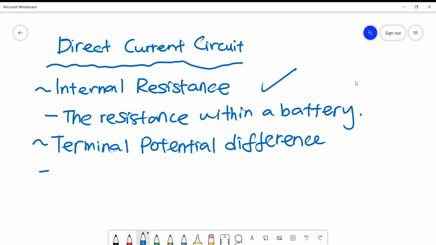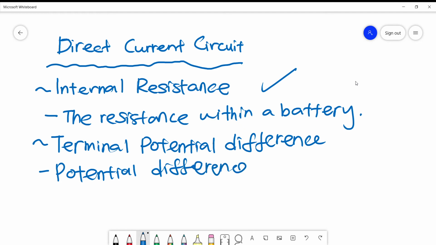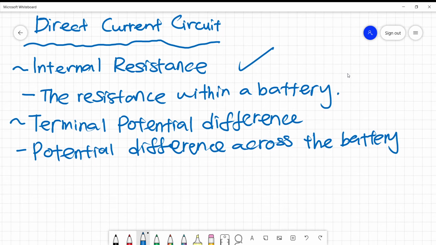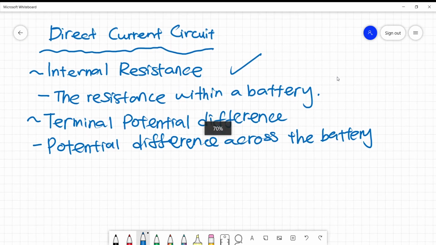The terminal potential difference is the potential difference across the battery. Basically, it describes the potential difference across the battery.